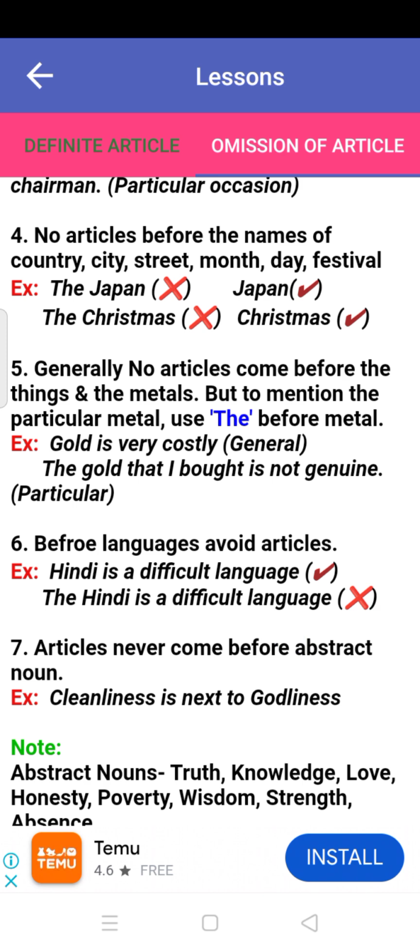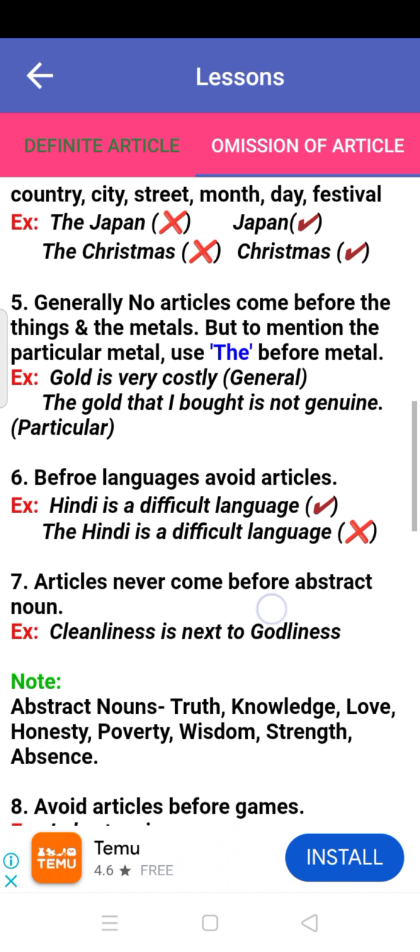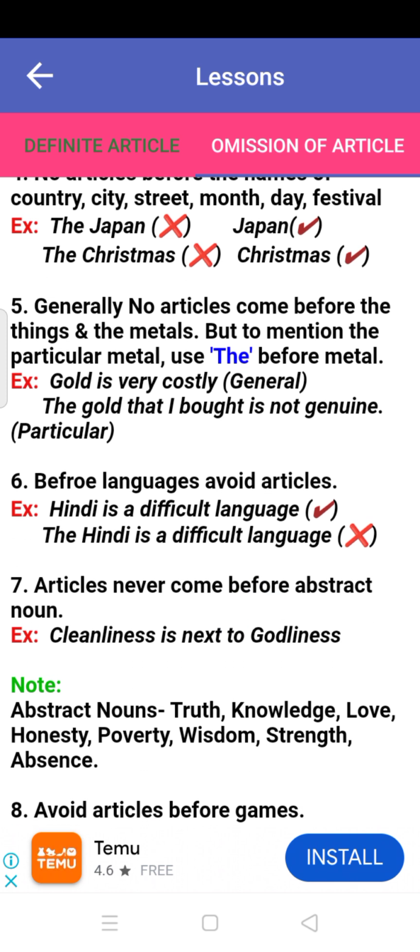The fifth one is, generally no articles come before things, the metals, but to mention a particular metal, use "the" before the metal. So gold is very costly. That is general. The gold that I bought is not genuine. It is focusing on a particular thing.